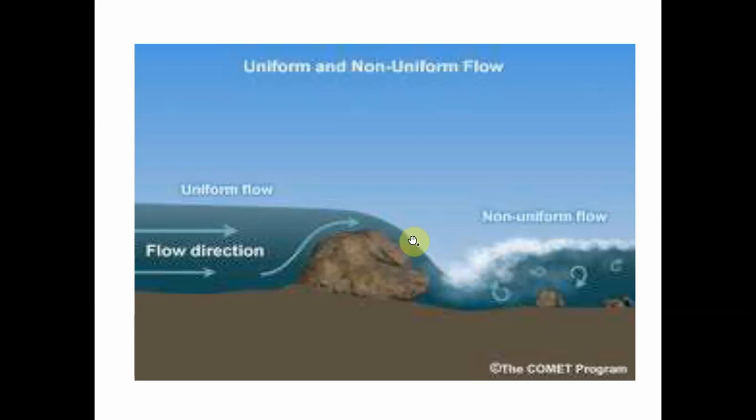So this is uniform steady flow, and non-uniform flow will be gradually varying. If this is the length of the channel and water moves in this direction, this part will be the uniform flow and this one will be the non-uniform flow.